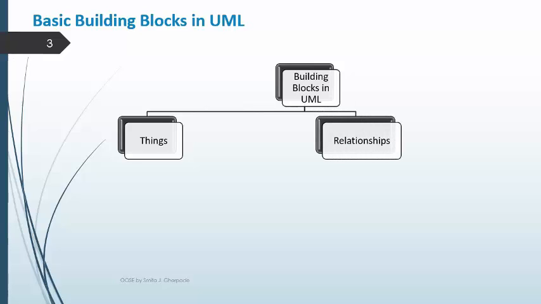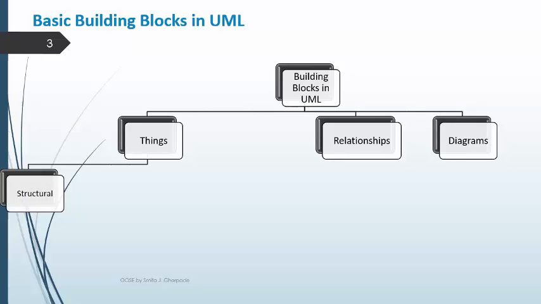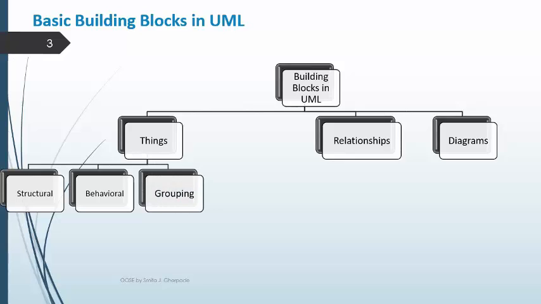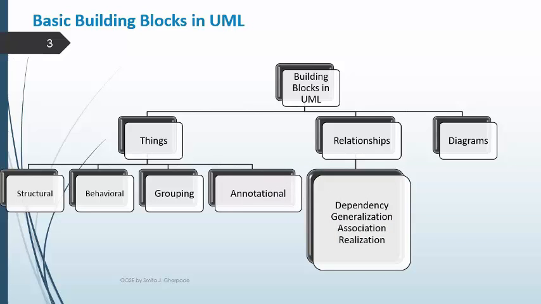Second is relationships. It shows the relationship among different components in a system. And third one, different types of diagrams. Now things categorize into structural things, behavioral things, grouping things, and annotational things. Relationship can be shown as dependency, generalization, association, and realization.